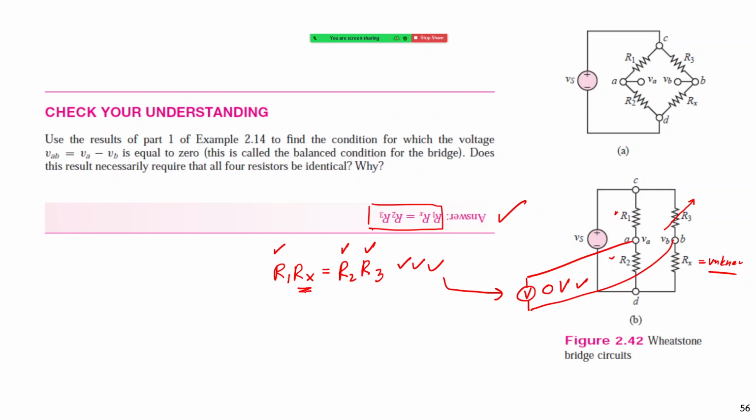First we don't know Rx, but we put it into this circuit, so we can get the Rx value. We call this the balanced Wheatstone bridge, where R1 by R2 equals R3 by Rx.